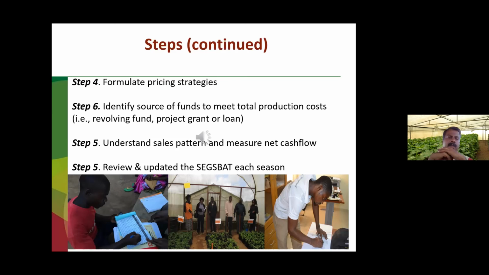We would expect the projected and actual cash flow to go in a similar order, so that after the project period, you are able to generate your own funds to support 100% of production cost, and run your business more successfully.